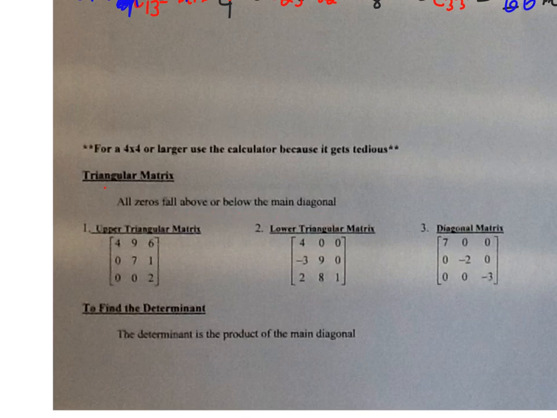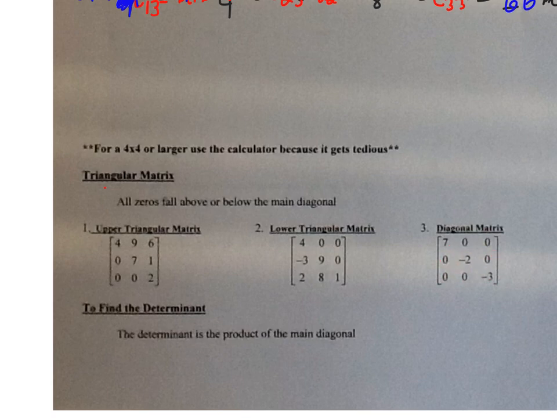This is an upper triangular matrix, because my numbers are in the top right, above the main diagonal, and the bottom left triangle is zeros. In a lower triangular matrix, the numbers are on and below the main diagonal, and above would be my zeros. A diagonal matrix is when you have just the diagonal, and below and above are all zeros.